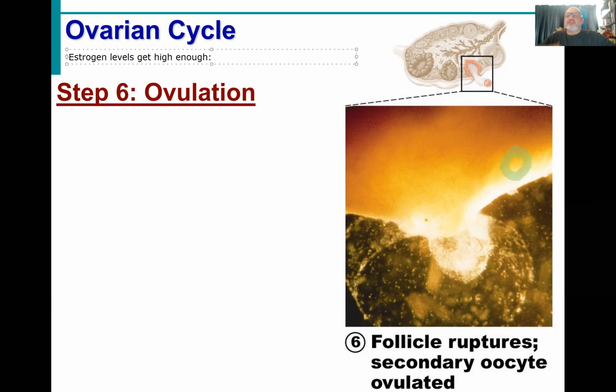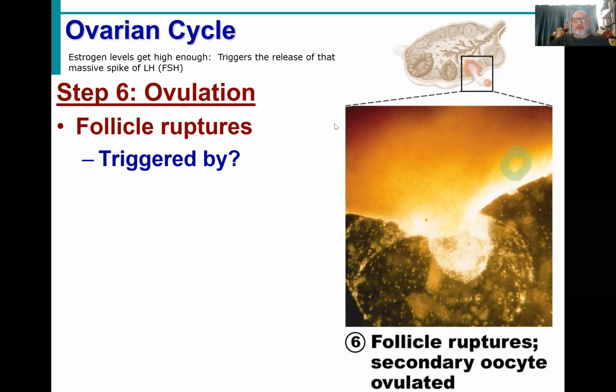Remember, the anterior pituitary has been storing up massive amounts of follicle stimulating hormone and luteinizing hormone that it hasn't been able to release. Well, when estrogen levels get high enough, it triggers the release of that massive spike of luteinizing hormone and also follicle stimulating hormone. But we emphasize luteinizing hormone because that massive spike of luteinizing hormone triggers ovulation.